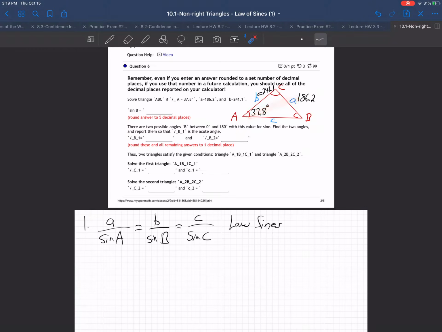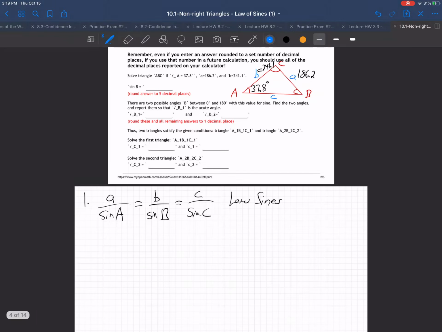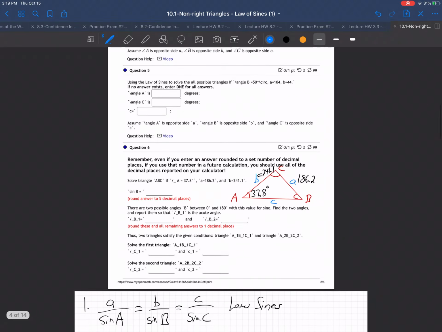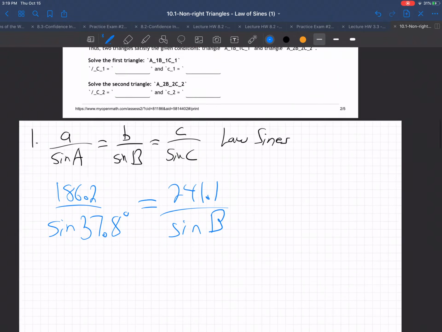All right, so again, I'm going to use A with a. So they tell me little a is 186.2 over the sine of capital A, the sine of 37.8 degrees, equals little b, which is 241.1, over the sine of B. Forget about C for now.